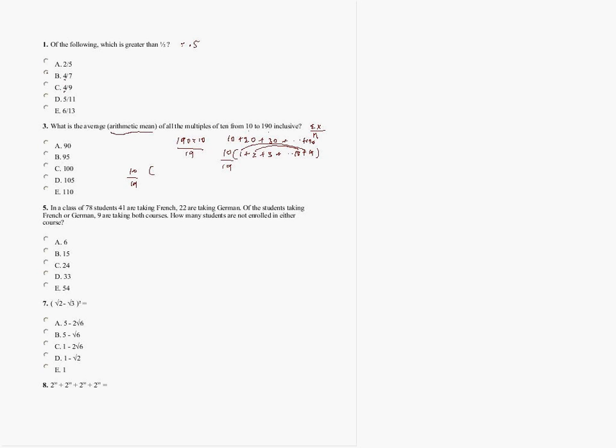Or see here, that will come 9 times. Okay? 4, 5, 6, 7, 8, and 9. And then there would be a 10 by itself, the middle 10. So this is 20 times 9 plus 10.